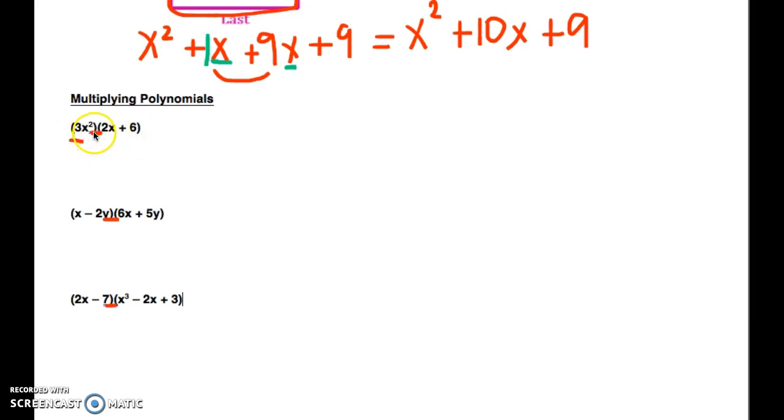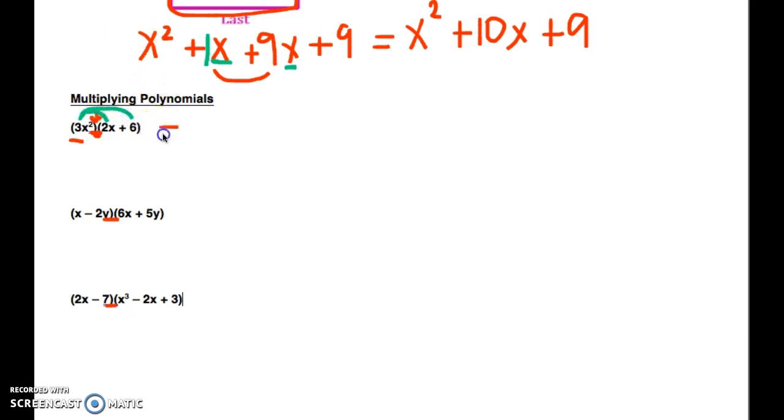Well, the rule is, when you have a parentheses right next to another parentheses and there's no symbol in between, the implied symbol is that you multiply. You're going to take the first term and multiply it by every term inside the second parentheses.